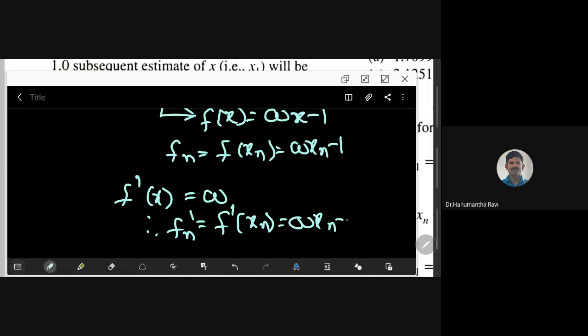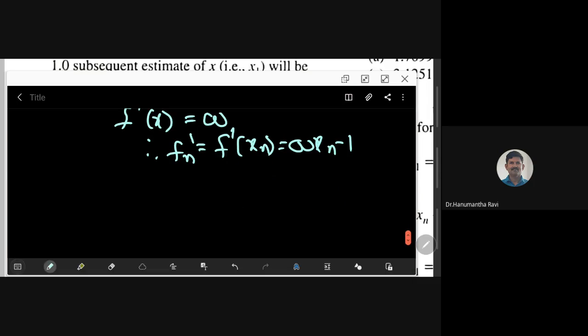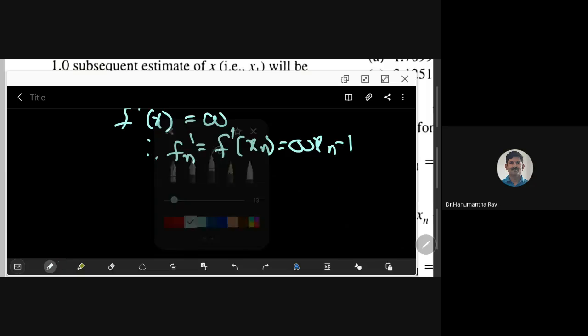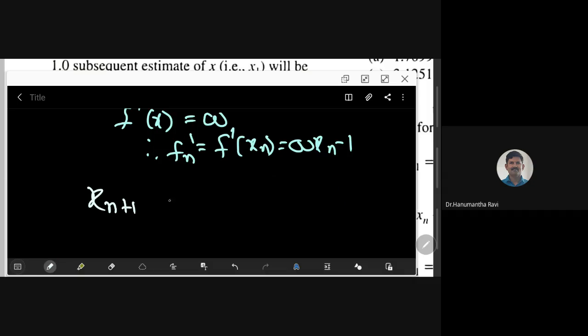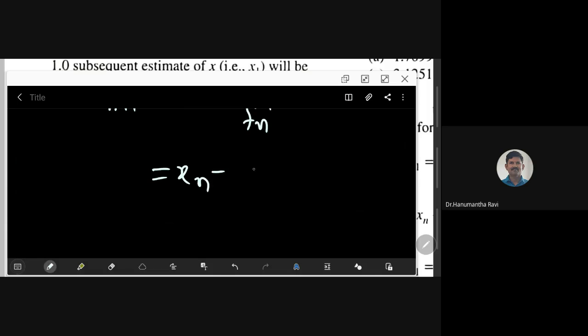This is A. So xn plus 1 is xn minus fn by fn prime, so this is xn minus (Axn minus 1) by A. So that is the answer, right?